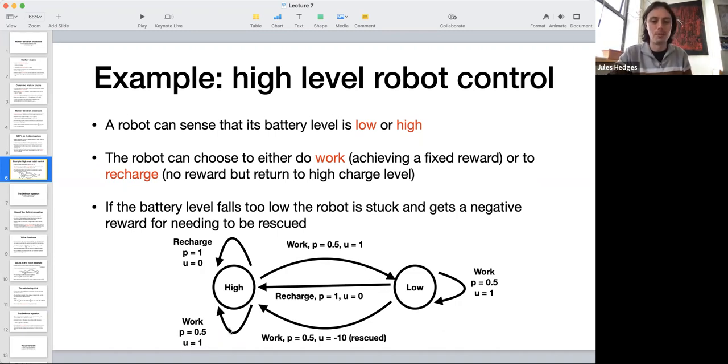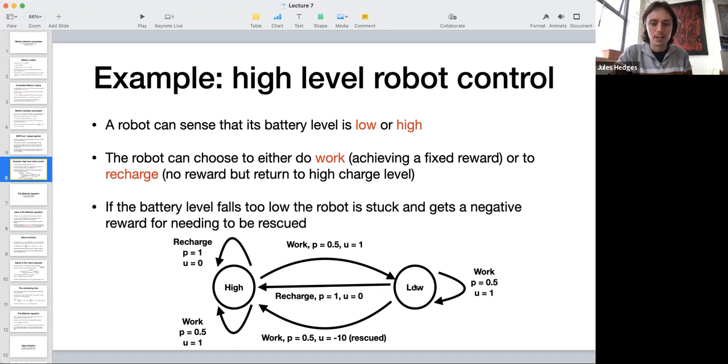So for example, in the high state we could choose to work, and then with probability 1/2 we follow this arrow and get a payoff of 1 and land back in the high state, or with probability 1/2 we follow this arrow, we also get a payoff of 1 but we fall into the low state.